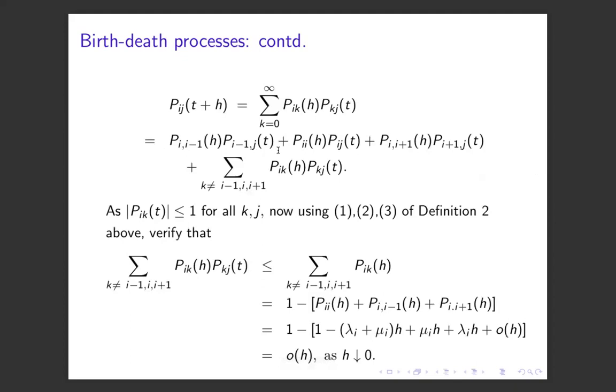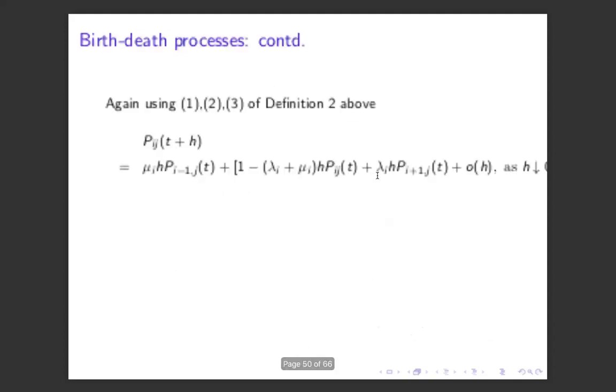This one is going to be mu I times h plus small order h, and similarly this will be lambda I times h plus small order h, and so on. So again, verify that. This is an exercise again for you to verify.